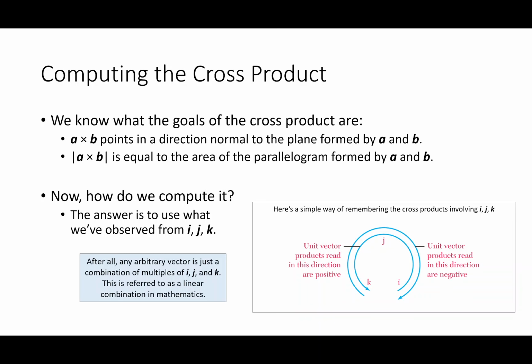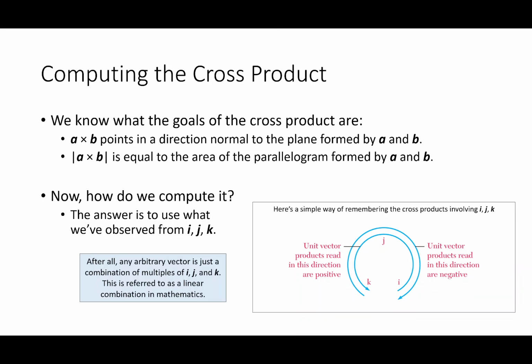So what we'll do is we'll say, okay, let's see if we can simplify this. A bunch of stuff times I plus a bunch of stuff times J plus a bunch of stuff times K. And what do we do for the I vector?